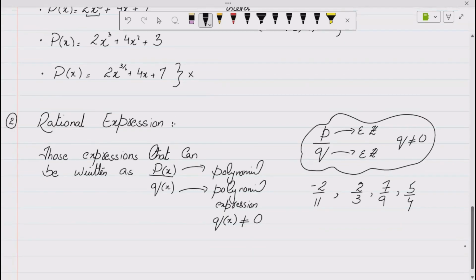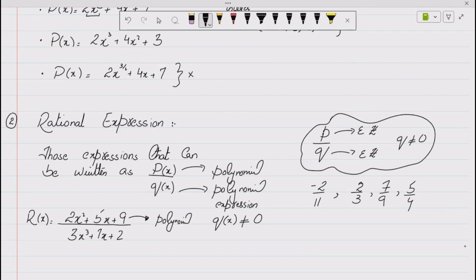As an example, a rational expression is 2x² + 5x + 9 as the numerator and 3x³ + 7x + 2 as the denominator. Here the numerator is a polynomial and the denominator is also a polynomial, so this is a rational expression.